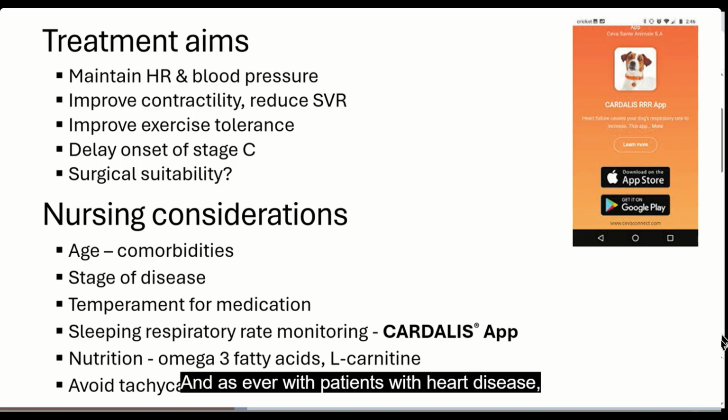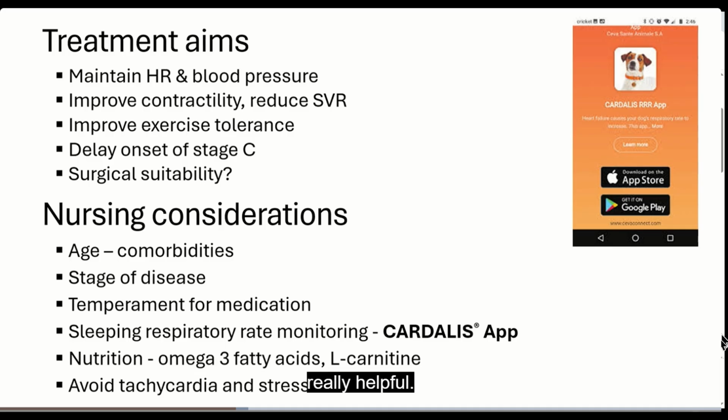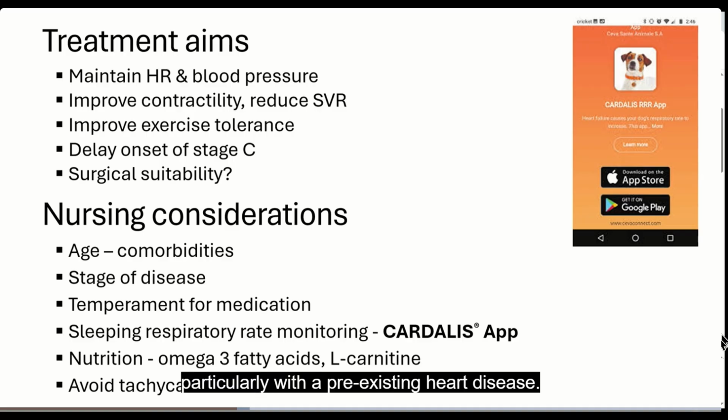As ever with patients with heart disease, avoiding tachycardia and stressful situations is again really, really helpful. The old cliche adage of stress is a killer, yes it can be, particularly with pre-existing heart disease.